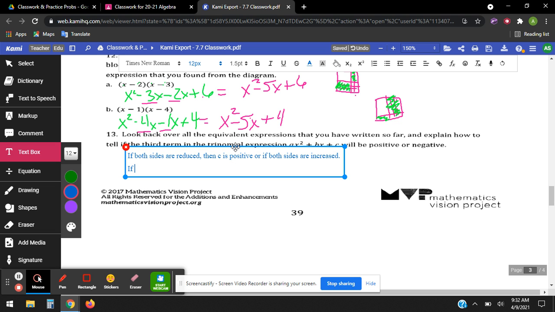If one side is increased and the other is reduced, then C is negative. So if we've got one of each, kind of like our positive negative rules, it's negative. If they're both the same, both reducing, both increasing, then we have positive.